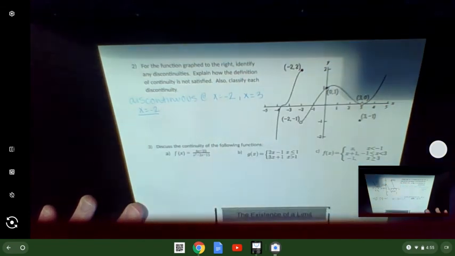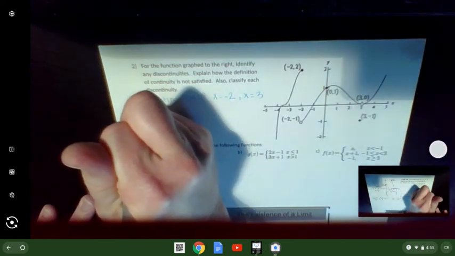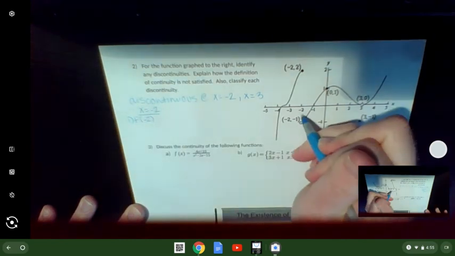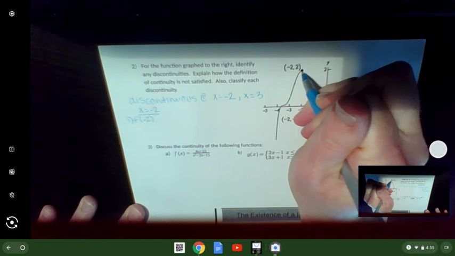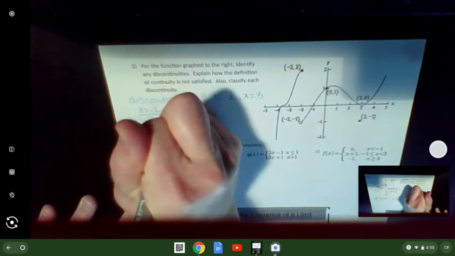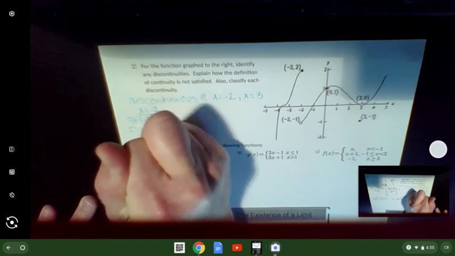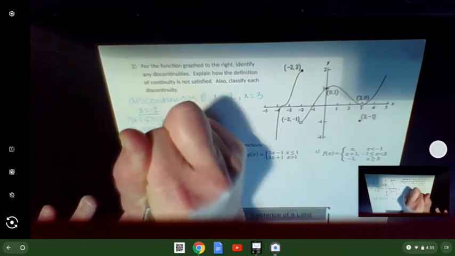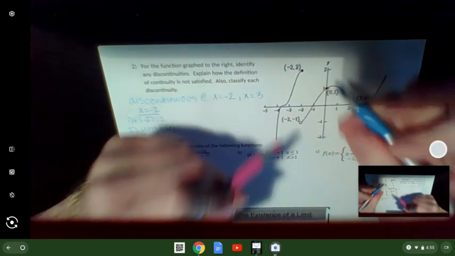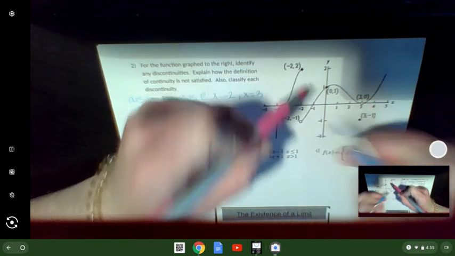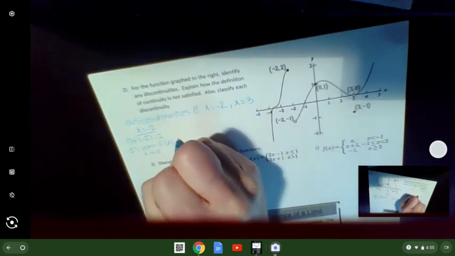I'm going to explain how the definition of continuity is not satisfied. So part 1 says f of -2 has to be defined. Well, f of -2, right there's my filled in point, is 2. We're good to go. Part 2 says the limit as we approach -2 for this function has to exist. Hopping on this graph on either side, similar to what we had before, it does not exist because I am in two different places.